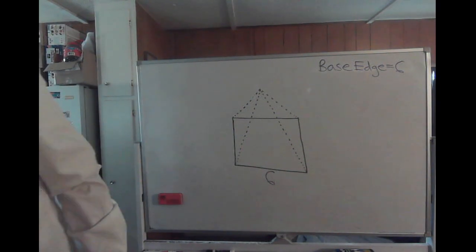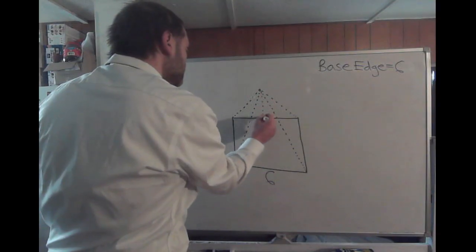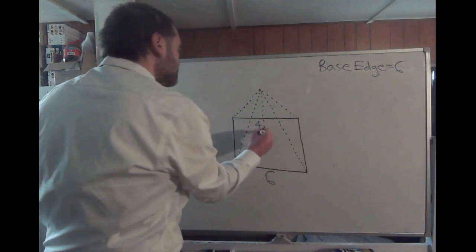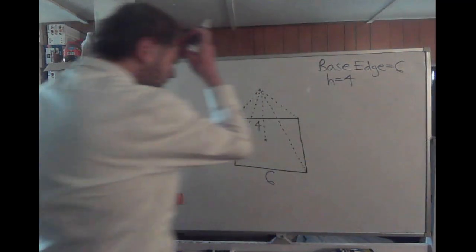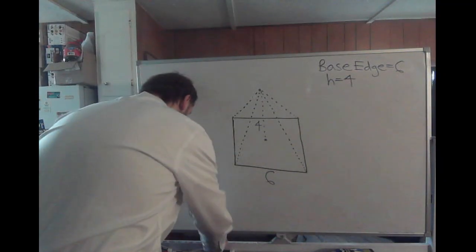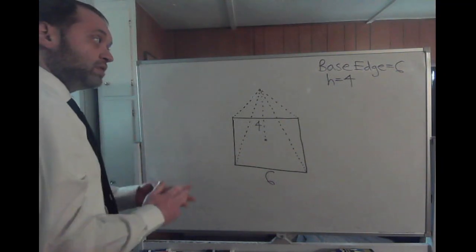And then the height of the pyramid itself is going to be 4. So we have the height, which is equal to 4. What we need to find are the slant height, the lateral area, surface area, and volume.